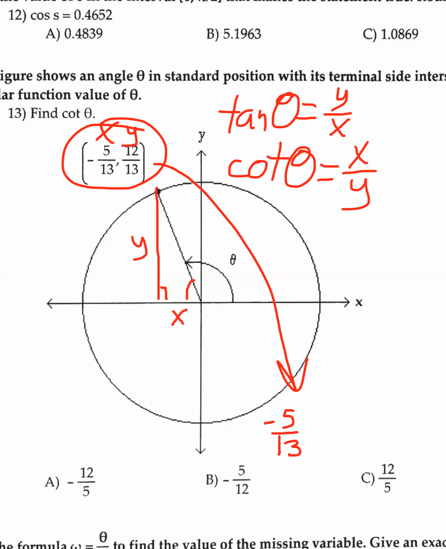I'm going to keep the first fraction, change to multiplication, and then flip the second fraction. So I'd have 13 over 12. Now when I do this math, take a look, the 13s cancel and I'm left with negative 5/12. And that's it. Okay, hope this helps.